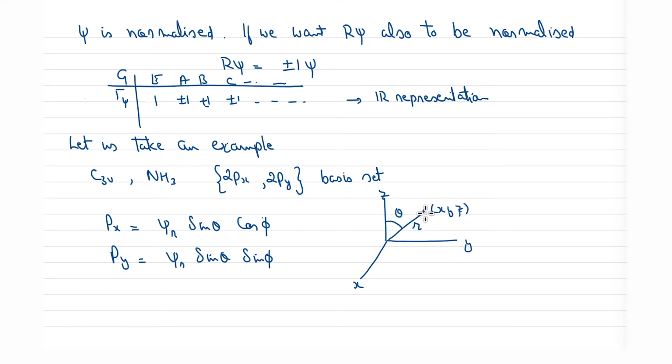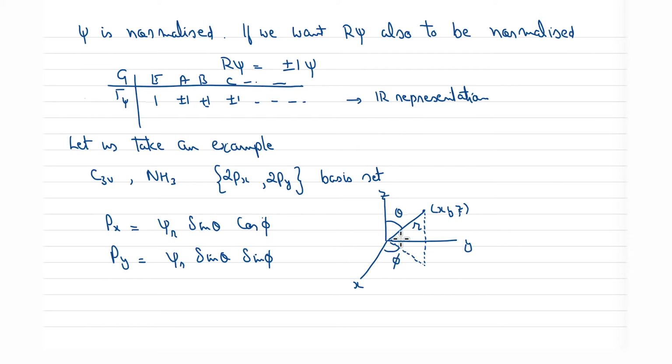Now if you take a projection of this vector onto the xy plane, so this is the projection here, this length, and the angle between that projection and the positive side of the x-axis is called phi.